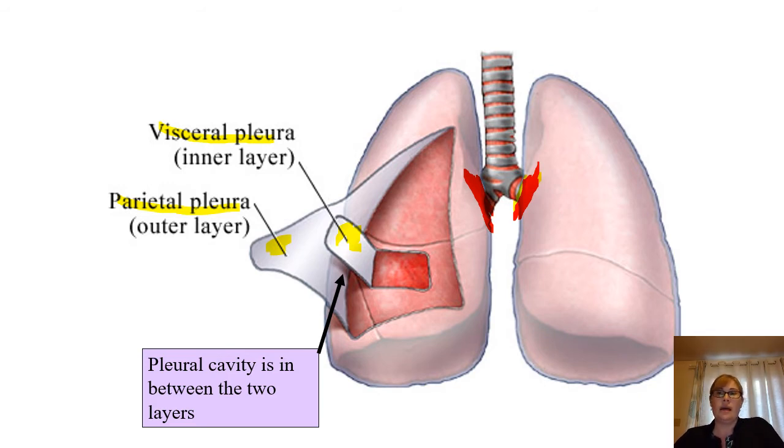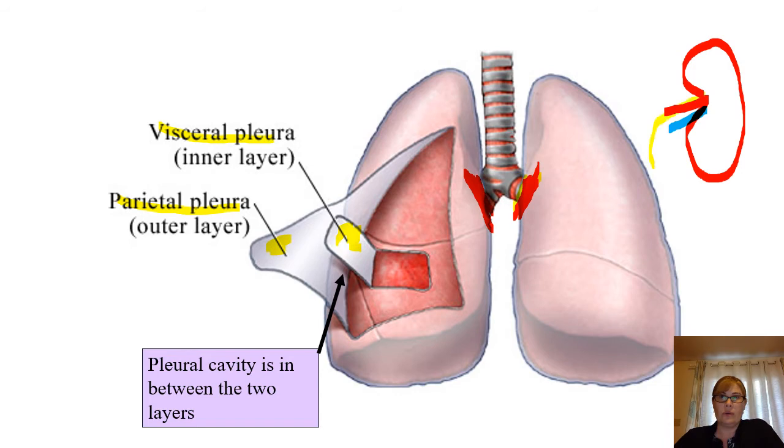On the kidney, the hilum is the place where the renal artery, renal vein, and ureter all come together. So hilum just refers to this section right here, where we have some structures plugging into another structure.